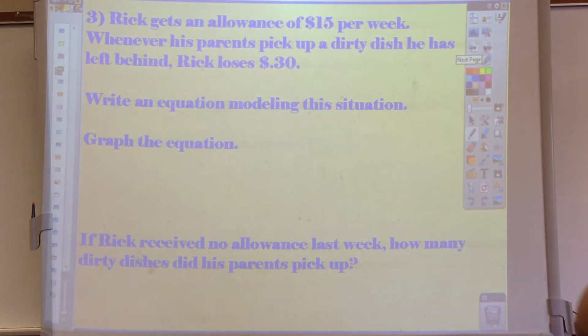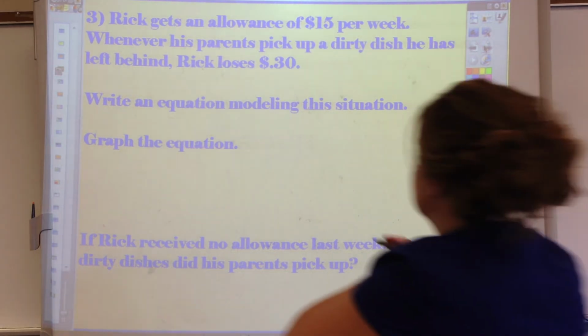In our next example, Rick is going to get an allowance of $15 per week. Whenever his parents pick up a dirty dish, poor Rick loses 30 cents. Write an equation modeling this situation. Let's see.